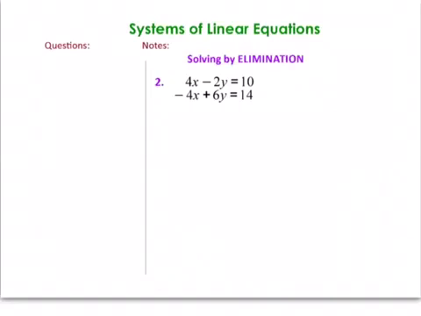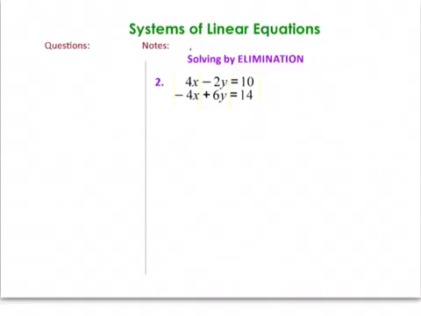Okay, let's look at number 2. Number 2 says 4x minus 2y equals 10 and negative 4x plus 6y equals 14. I want to check, are my terms in columns? Yep, they're all in standard form. We always want them to be in standard form. Now let me see, do one of my variables have coefficients that cancel each other out?